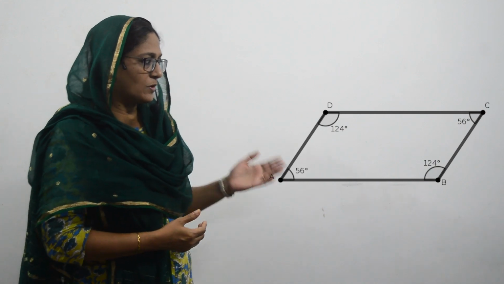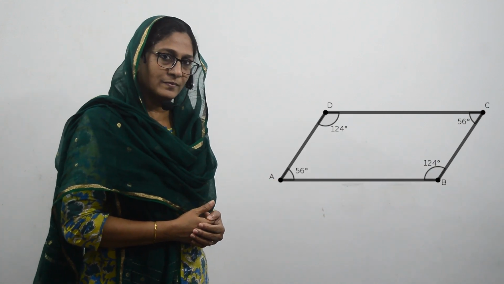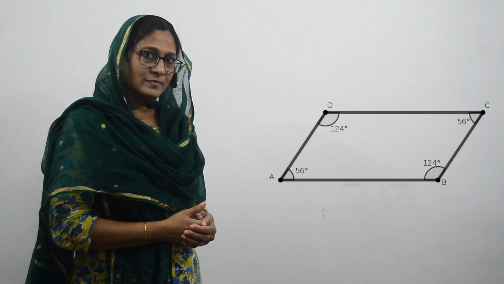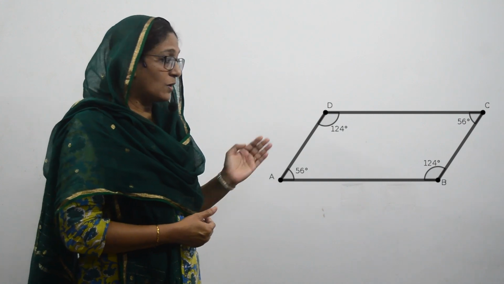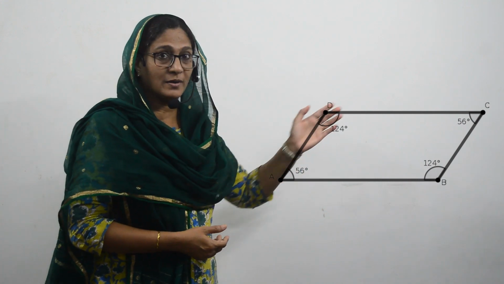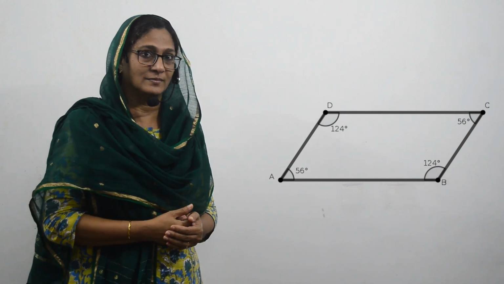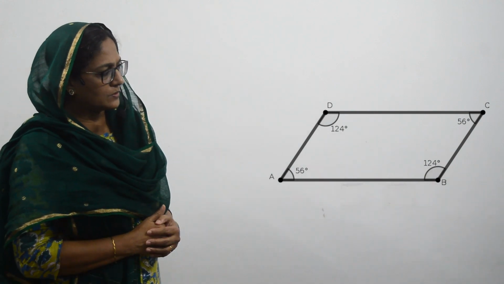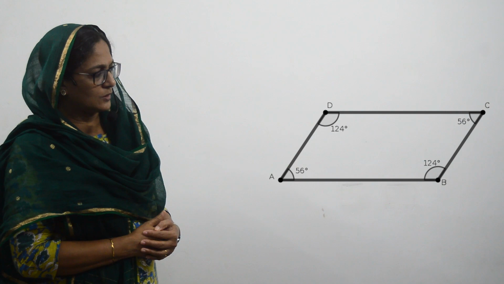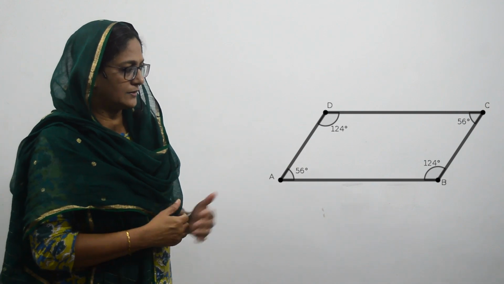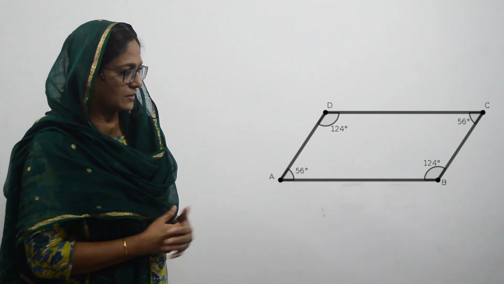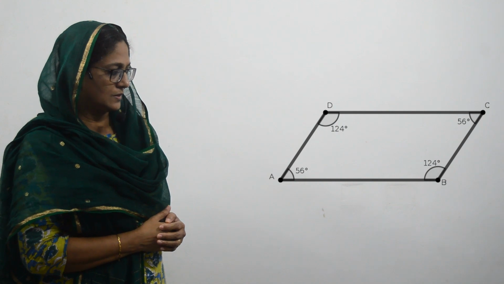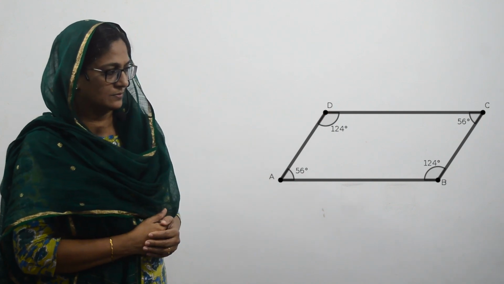What is special about the angles of a parallelogram? The opposite angles of a parallelogram are equal. Children, what do you think about the opposite angles of a parallelogram? They are equal, yes, but what do you think about their measures? Look at these two pairs.